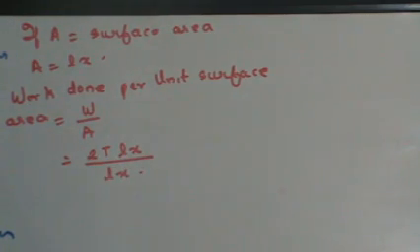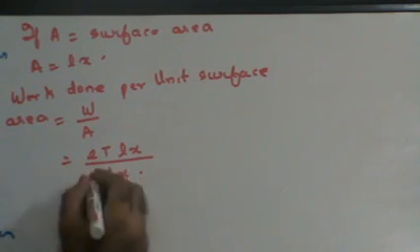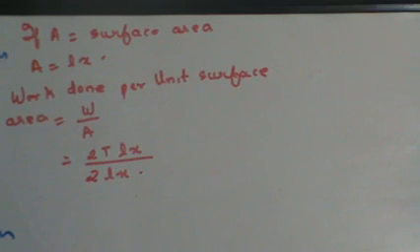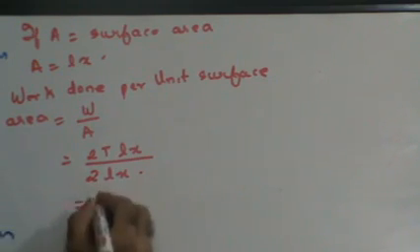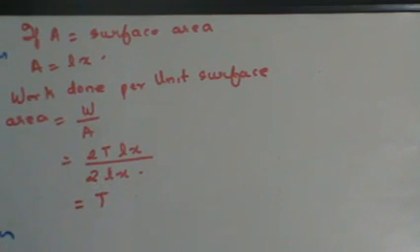Now, if I'm considering surface area, I'll have to again introduce a factor 2 here. Why? Because the soap film is going to have two surfaces, one on the top and one below. So I'm going to introduce a factor 2 in the denominator. In that case, I'll get T. So the work done per unit surface area is equal to T.